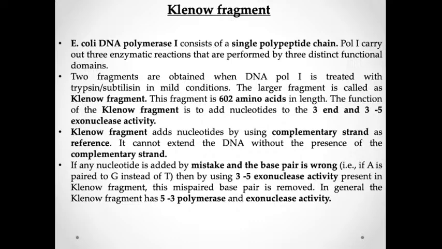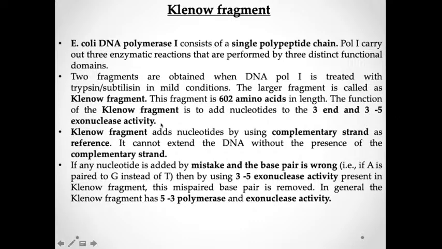This is quite an exceptional question that comes sometimes in interviews or exams: what are Klenow fragments? So E. coli DNA polymerase I consists of a single polypeptide chain first of all. Pol I carries out three enzymatic reactions performed by three distinct functional domains. Two fragments are obtained when DNA polymerase is treated with trypsin under mild conditions, and the larger fragment is known as the Klenow fragment. This fragment is made up of around 602 amino acids in length, and its functions are to add nucleotides to the 3' end and exonuclease activity.